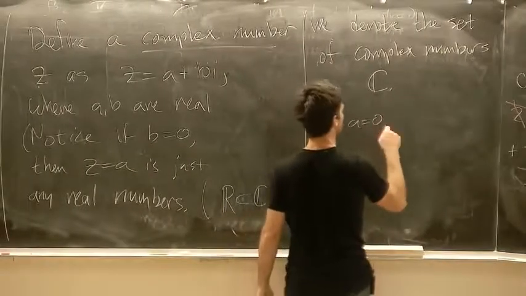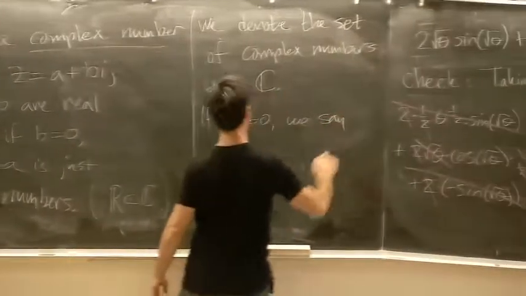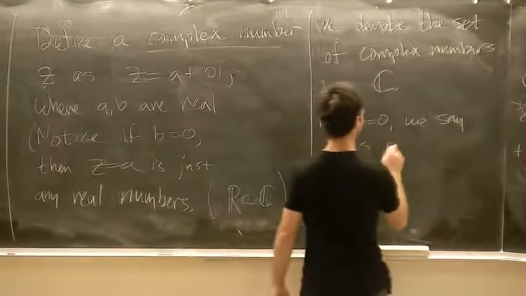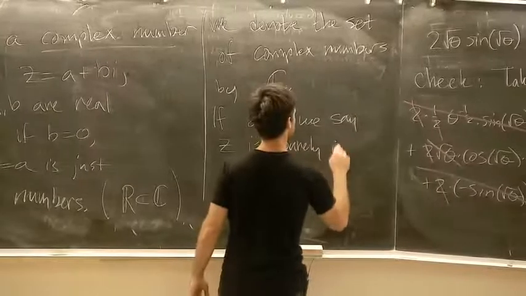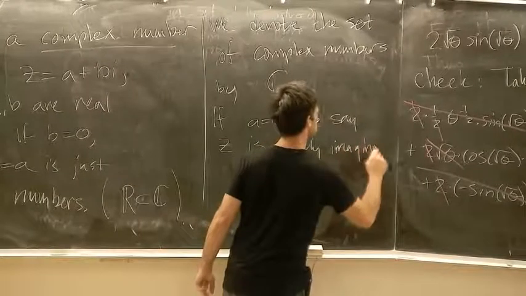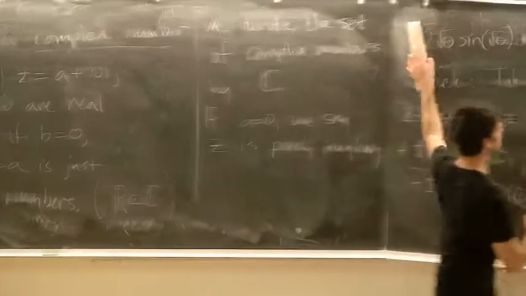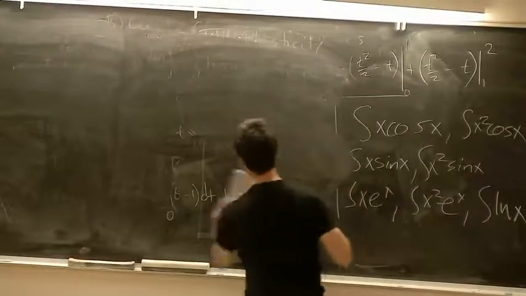If a is 0, we say z is purely imaginary. And we have some names. We call a the real part and b the imaginary part.